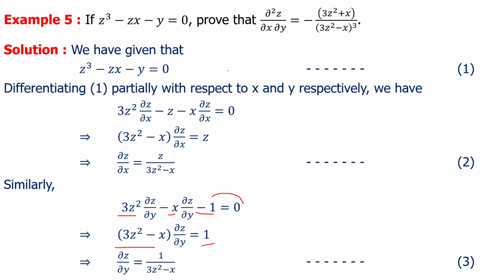Now we have obtained del z del y. Just look here, del z del y. We have to just differentiate del z del y with respect to x, then we are able to get our answer.